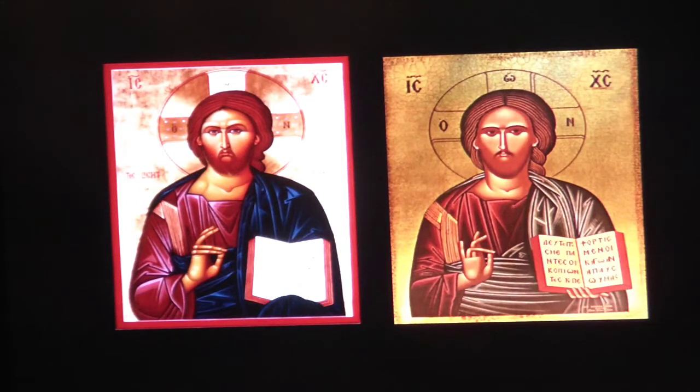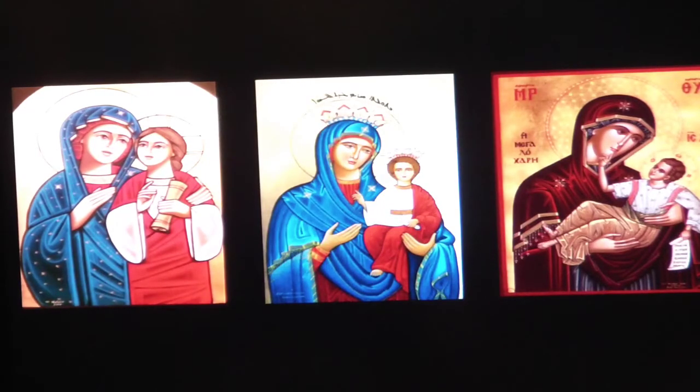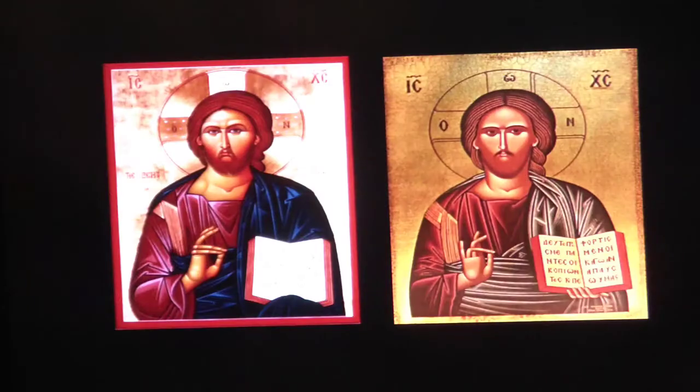If you go back to the previous slide, you can see that all the icons where Christ is there, there's a cross on his halo, right? So going back to the question that you asked, what about the portrait of Jesus, or one where Jesus had green eyes? The icons are all consistent regardless of the tradition they come from, right? If Christ has a halo, there's always a cross on that halo, okay?